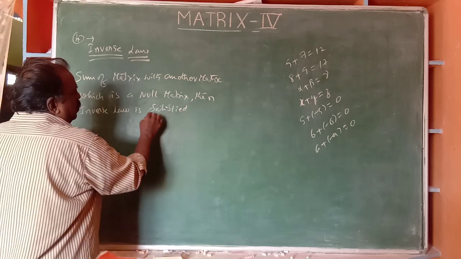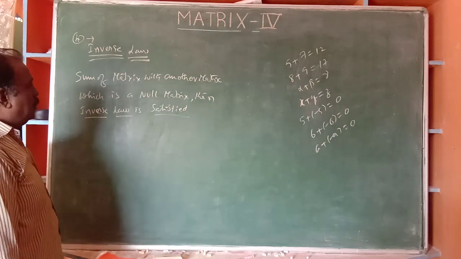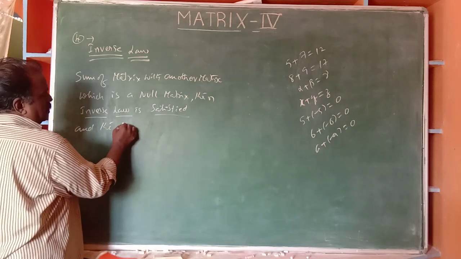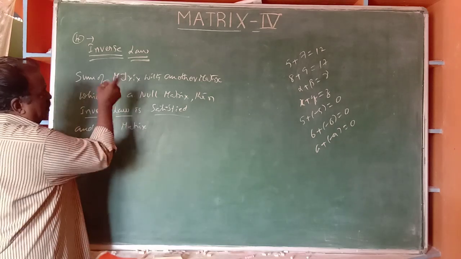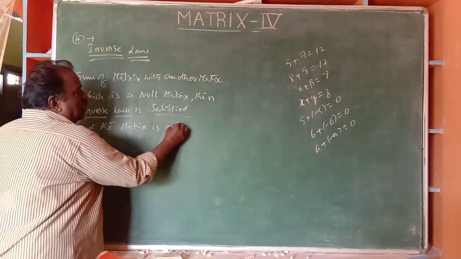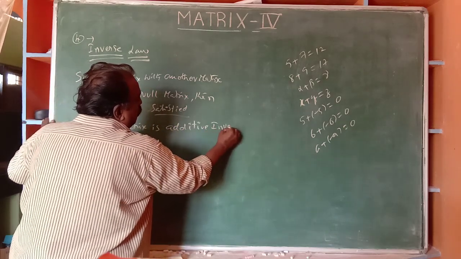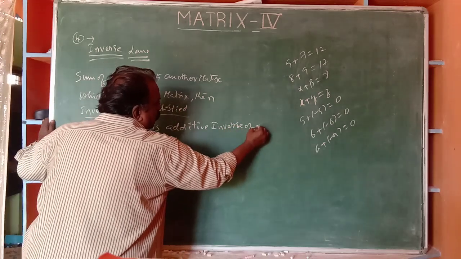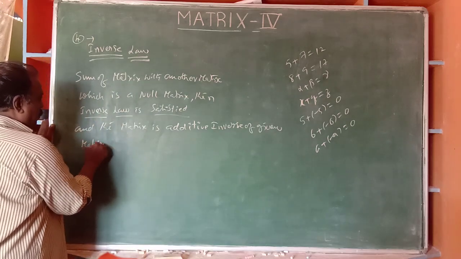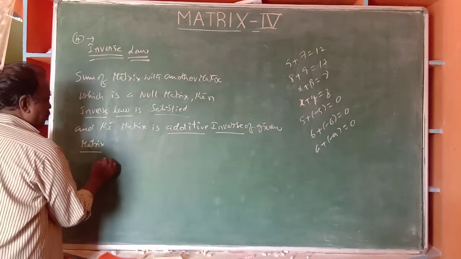Okay, now the inverse law is satisfied, and the other matrix, other than the given matrix, is the additive inverse of the given matrix.